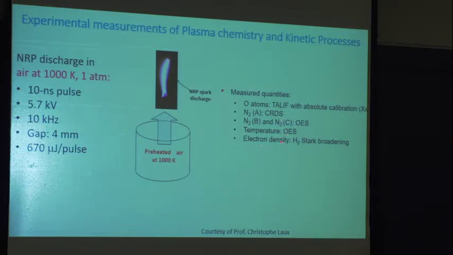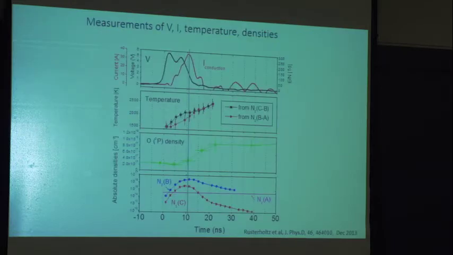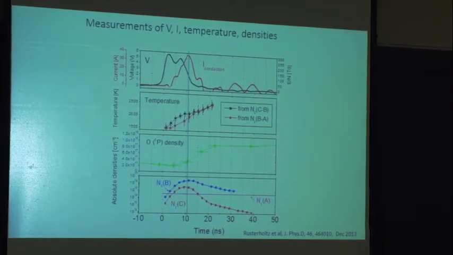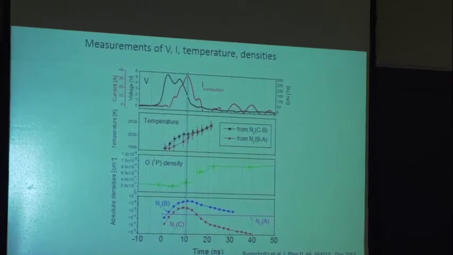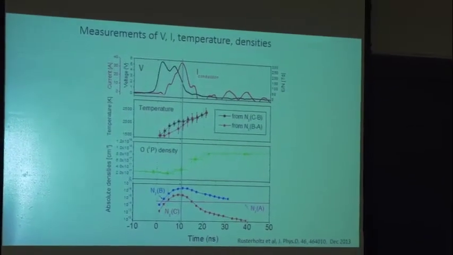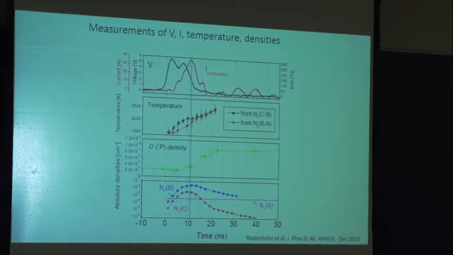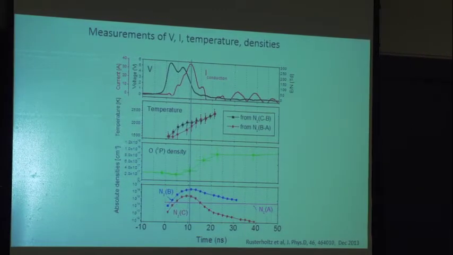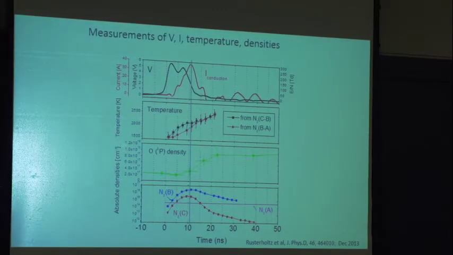The electron number density is measured using the hydrogen beta line and Stark broadening. So you can see that some of the previous techniques are used here. This is a very interesting result, and this paper was published in 2013. I think this is one of the major milestones in plasma-assisted combustion for understanding what is going on in a nanosecond plasma discharge.